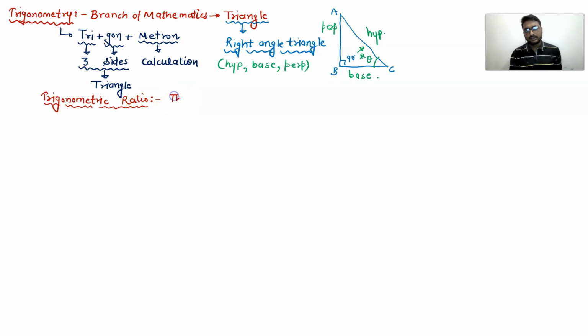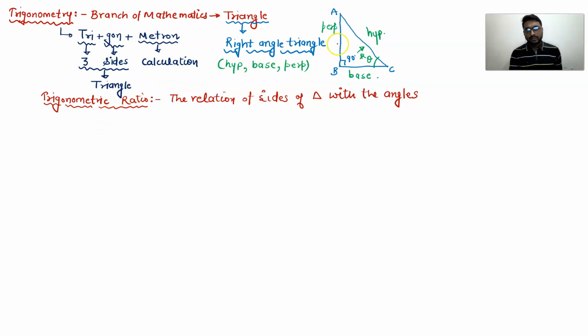The relation of the sides of the triangle with the angles is known as trigonometric ratios.